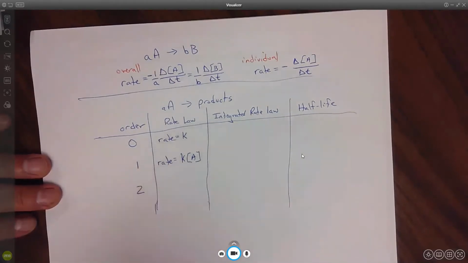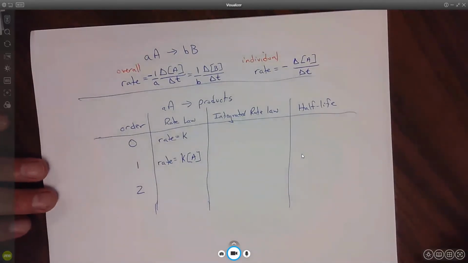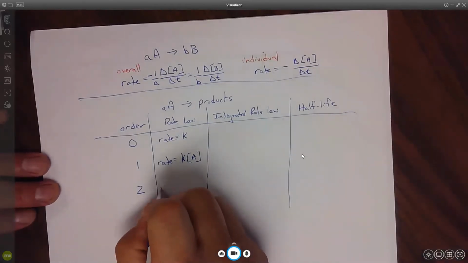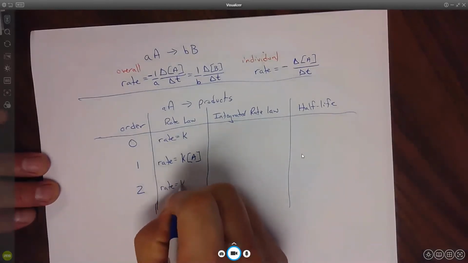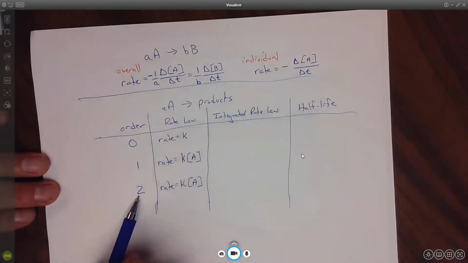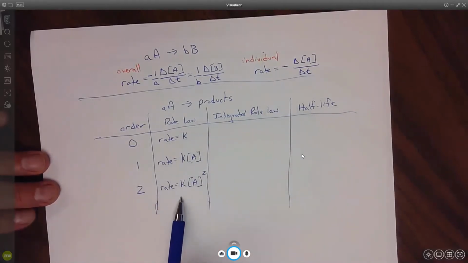We're going to talk about second order reactions because first and second order reactions really make up the majority of all chemical reactions. Okay. And so the rate is going to again equal K times the concentration of our reactant, but this time raised to the second power. So really, you don't need to memorize these equations. You just need to understand what it means to be zeroth, first, and second order, or any other order for that matter.